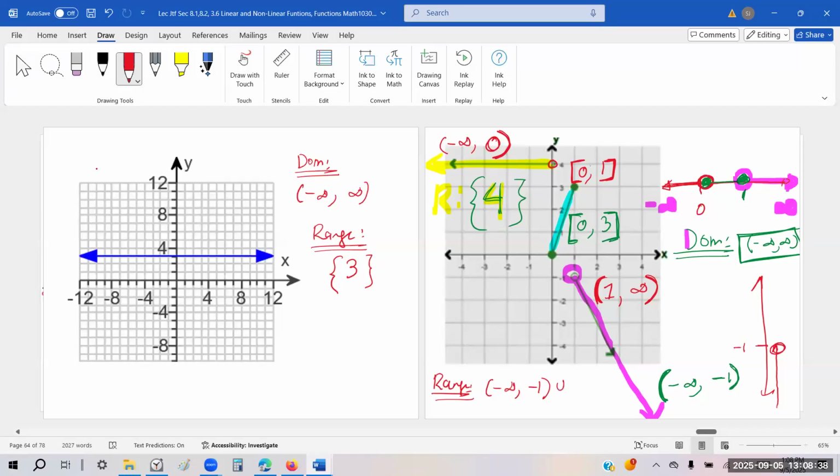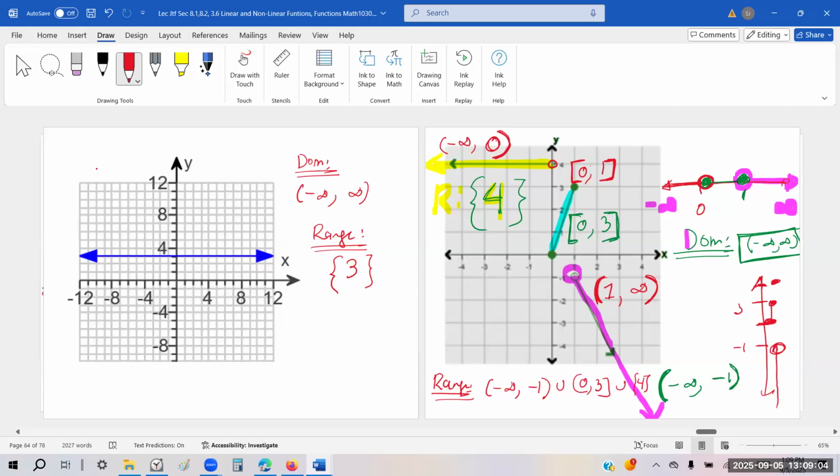And then we have from 0 to 3. So it starts from 0 and goes up to 3. And then we have the number 4. So it suddenly has the number 4 here. So this is its journey.